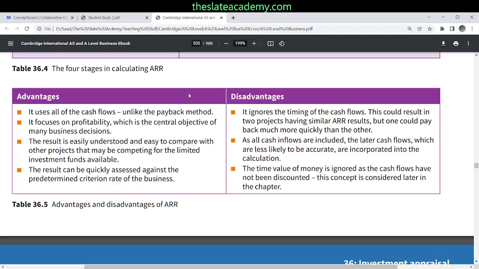We didn't say what would happen after that. In this particular method, we are using the cash flows for the whole project. In the payback period, again, there was a shortcoming, as you mentioned, that the project which pays back the quickest is not necessarily the most profitable one. In fact, the profitability was never discussed over there. Here, we are discussing the profitability of the project.